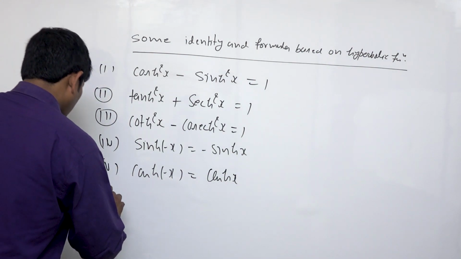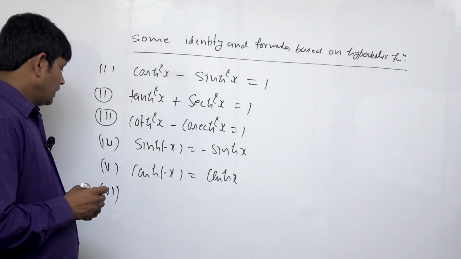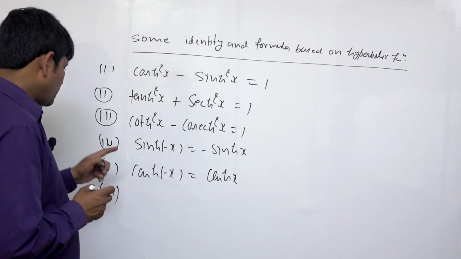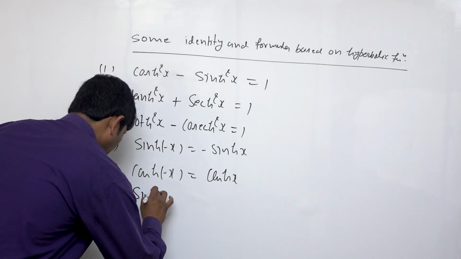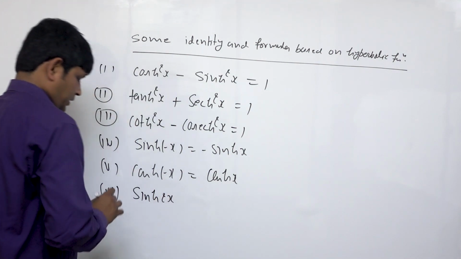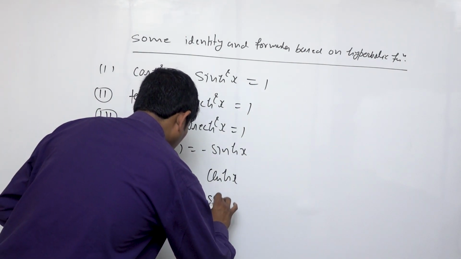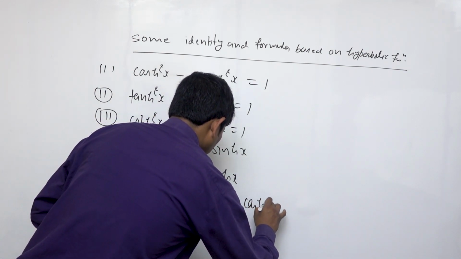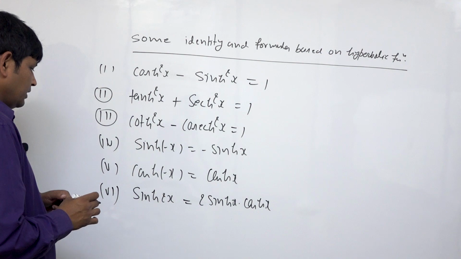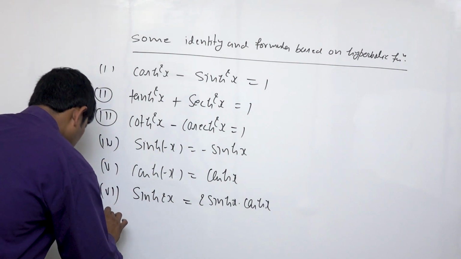And now six, another is there, some properties of multiple angle. There is sinh 2x equal to how much? It is 2 sinh x cosh x. And some compound formulas are there.